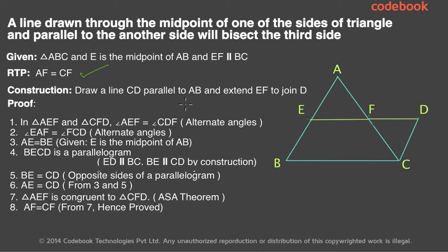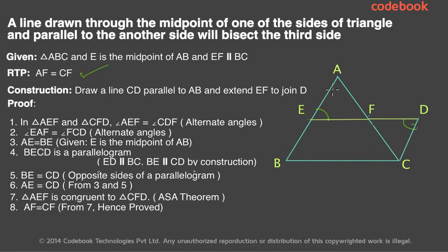So in order to do this, we'll do the same construction as before. We'll draw CD parallel to AB and we'll extend EF to meet CD at D. We know that angle AEF is equal to angle CDF because AB is parallel to CD and ED is the transversal, so these two angles are alternate angles and they are equal.